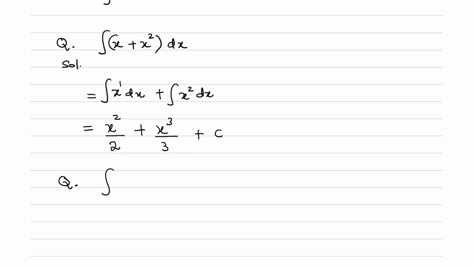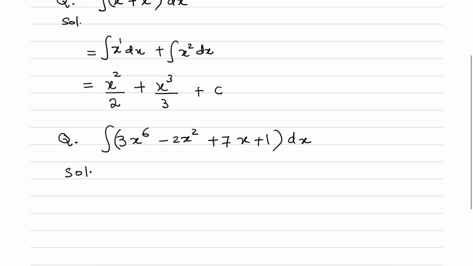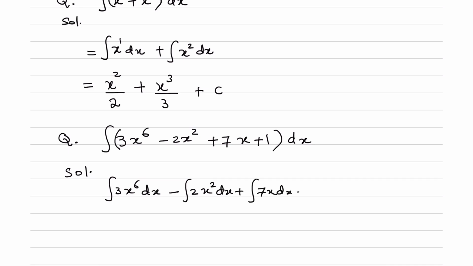Let's solve another question. We have to integrate this time 3x to power 6 minus 2x square plus 7x plus 1 with respect to x. We can find this integral first by separately writing it as integral of 3x to power 6 dx minus 2x square dx plus 7x dx plus 1 dx.